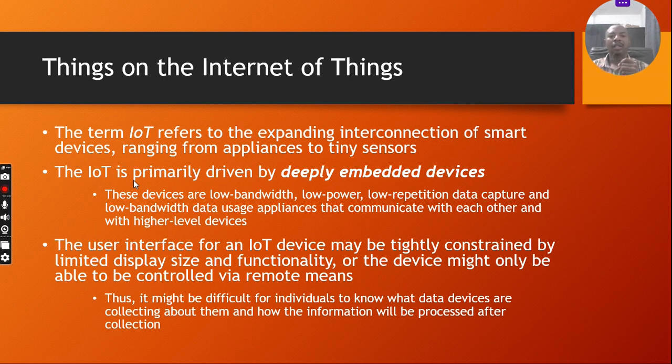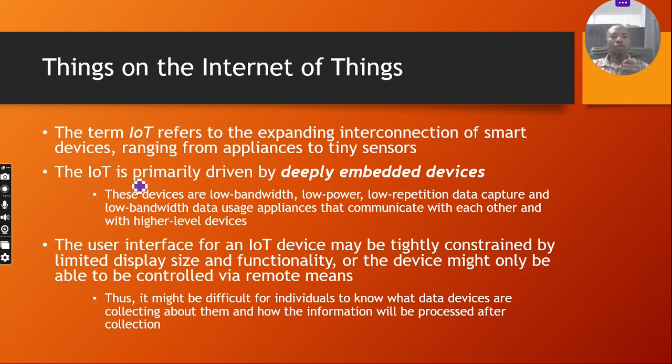But here are the characteristics of these smart devices that we use in our home, which is called the Internet of Things. Number one, these devices have what we call low bandwidth. They have low power consumption. They have low repetition data capture and low bandwidth data usage, appliances that communicate with each other and with higher level devices.